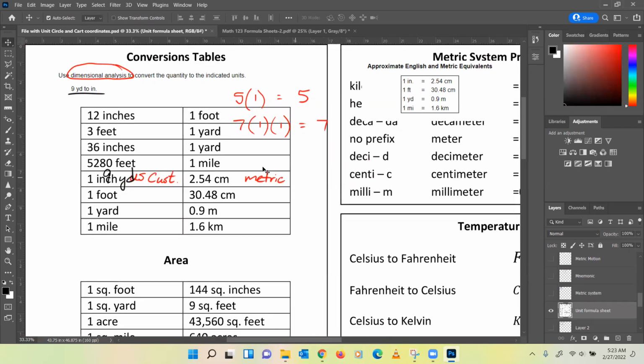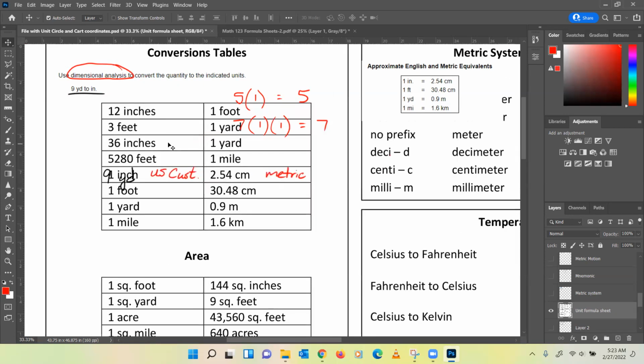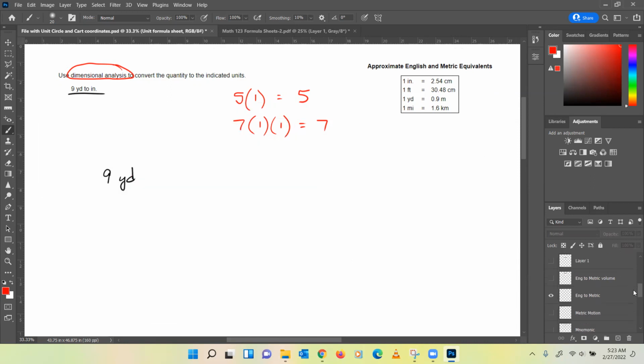So notice that in our units, we've got 36 inches equals 1 yard. So that could help us. Or maybe we use the 12 inches as 1 foot. Either way, I think this will help us out.